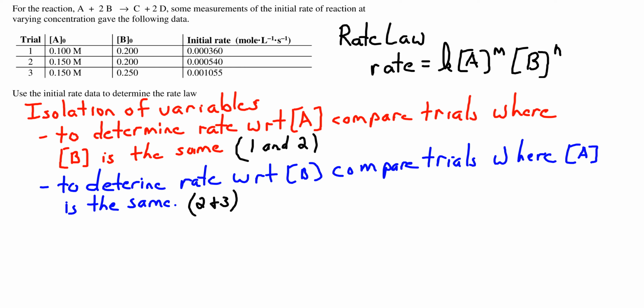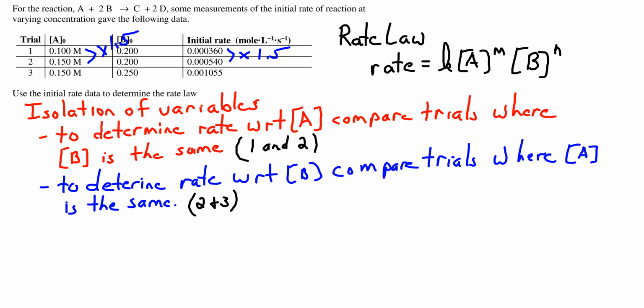All right, so if we look at trials 1 and 2, we see between trial 1 and trial 2, the concentration of A has increased by a factor of 1.5. And if we look at the reaction rates, we see that the rate has increased by a factor of 1.5.